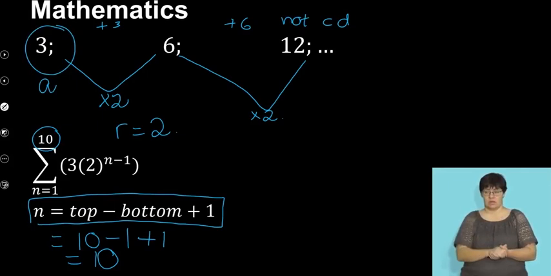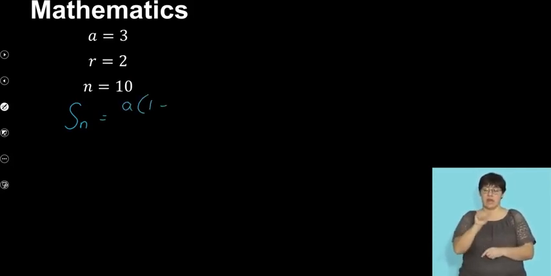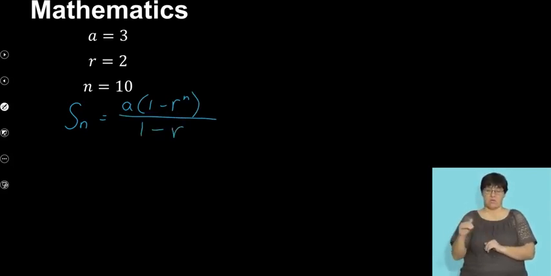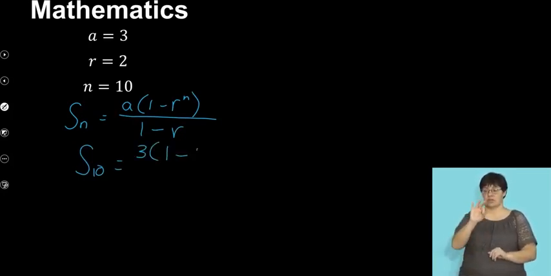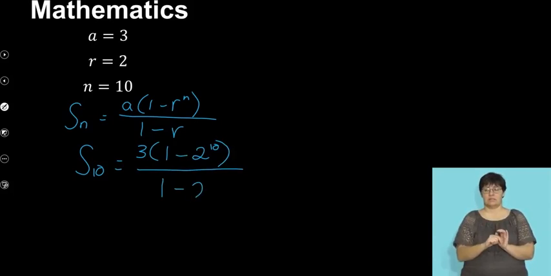So I have my a, I have my r, and I have my n, so I can substitute into the geometric series formula. We know that the geometric series can be written as a times 1 minus r to the power of n, over 1 minus r. So the sum of the first 10 terms, I'm going to substitute in my a, which is 3. I'm going to have 1 minus 2 to the power of 10, substituting in my r and n, over 1 minus 2.